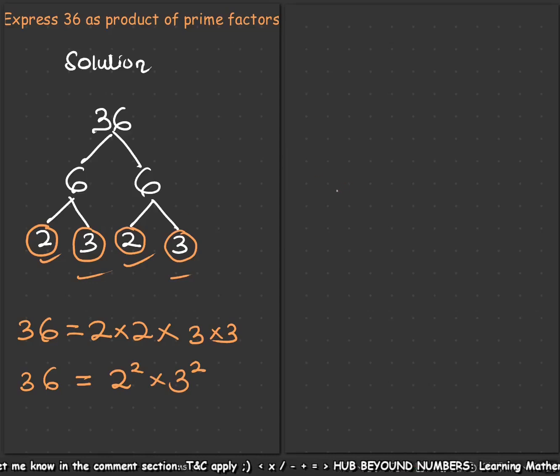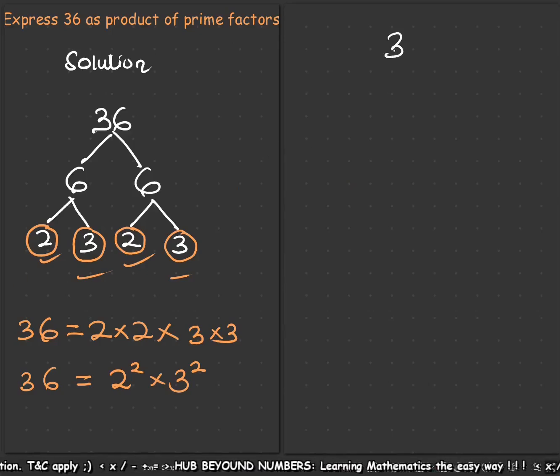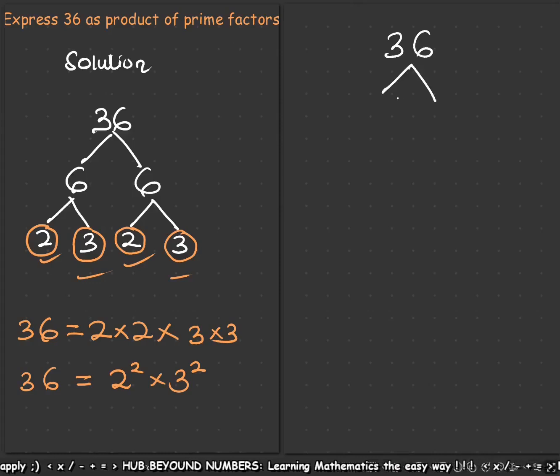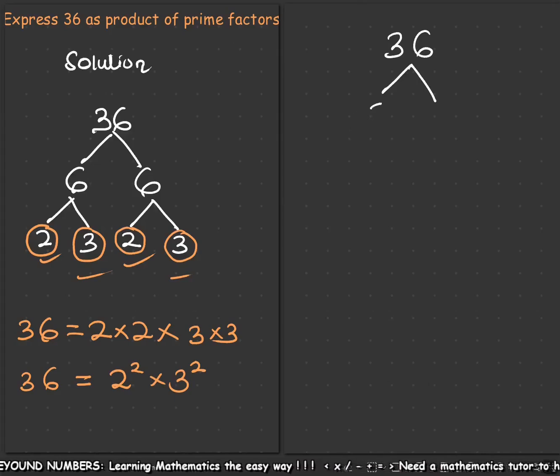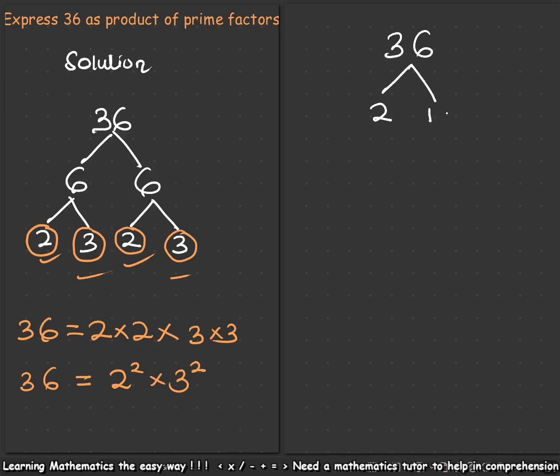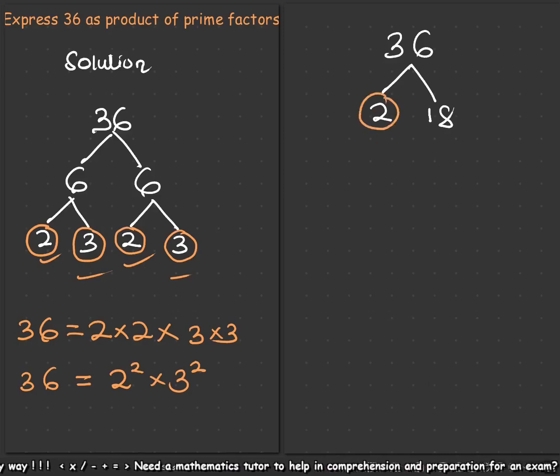Now, if you want to strictly restrict ourselves toward the prime numbers, we have 36, and the smallest prime number that divides 36 is 2. So we have our 2, and 2 times what gives us 36. That is an 18. You see, then that tells us that 2 is what? Prime. We then focus on the composite number 18.